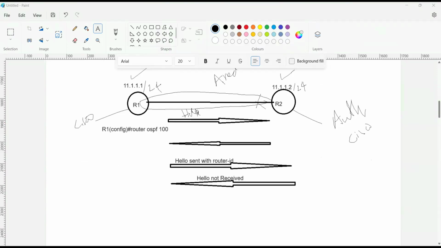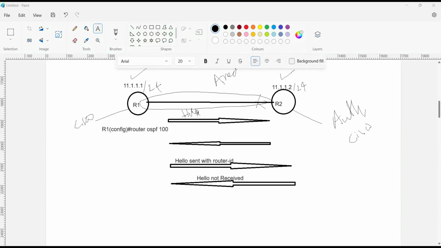Once we enable both ends, they move to the init state. In the init state, they will send their router ID and hello received with the neighbor router ID.